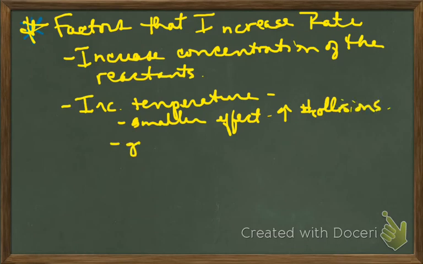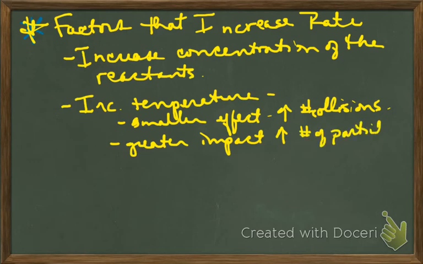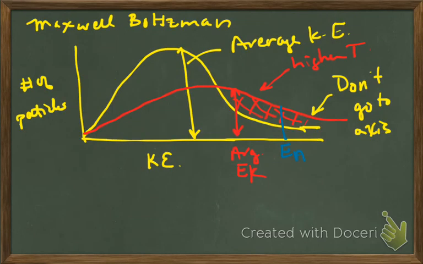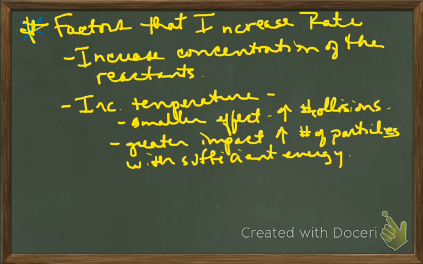The greater impact is increasing the number of particles with the sufficient energy. Okay, and that we saw on that Boltzmann diagram, and that's really what you're doing here by increasing the temperature.